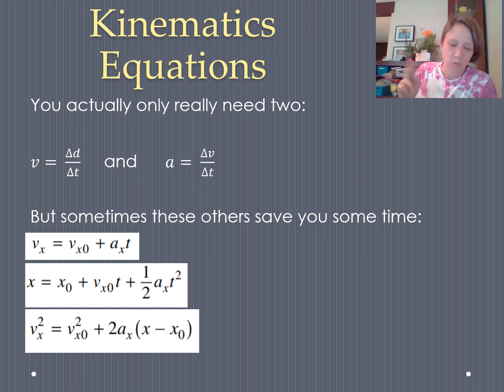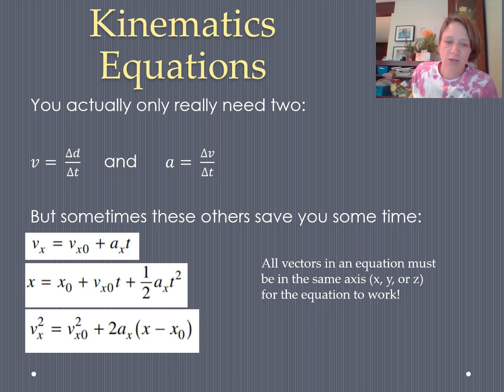And the last equation: the final velocity squared is equal to the initial velocity squared plus 2 times the acceleration of that object times the final displacement minus the initial displacement. You'll notice all those little x operators in here just tell me that all the vectors in the equation have to be in the same axis. So you can't mix and match motion in this direction with motion in this direction.